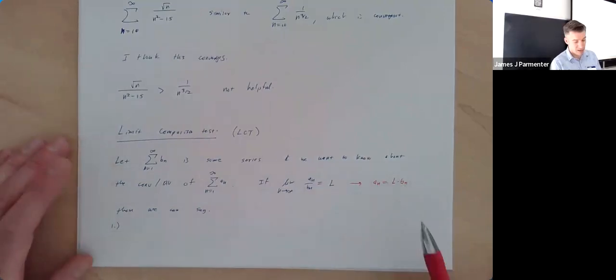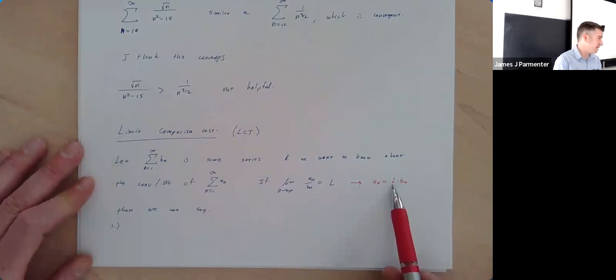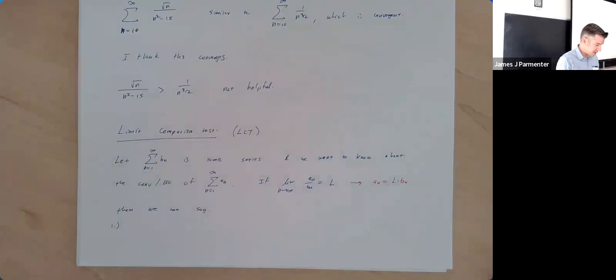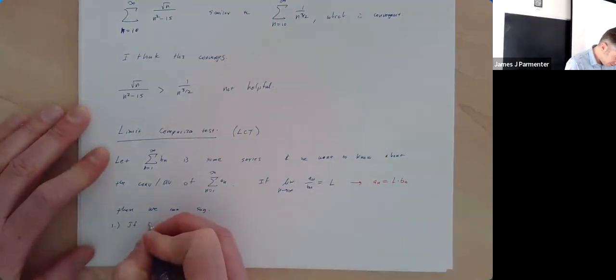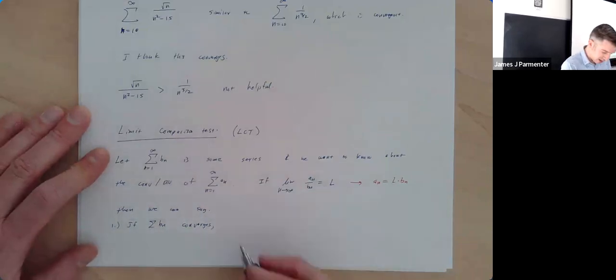The exceptions are if L is 0 or if L is infinity, because then things don't really add the right way. So here's what we're going to say. If the series for b_n converges, well, then so does the series for a_n.